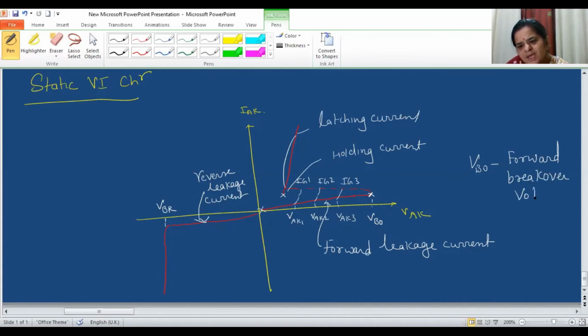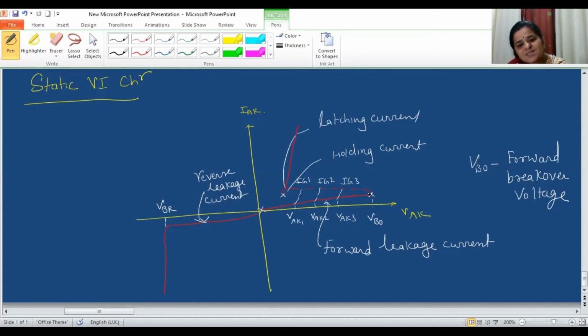So once we increase the anode cathode voltage in forward bias condition up to the forward breakover voltage, suddenly you can see that the voltage is coming back. Why have I represented this as a dashed line? Because this stage is a very indeterminate stage. Why is this graph coming back? Because till the device is not on, whatever anode cathode voltage you apply will be the voltage across the anode cathode terminal of the SCR.